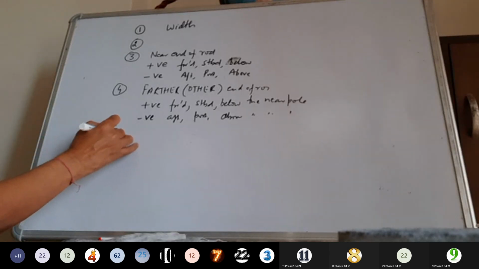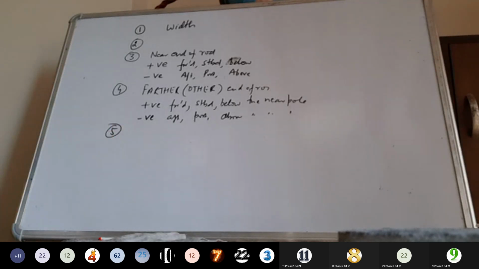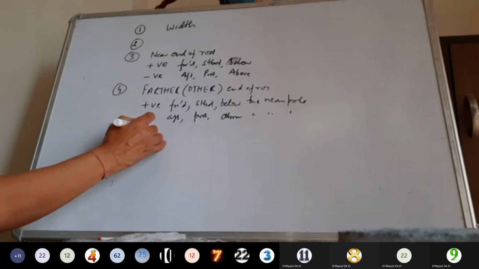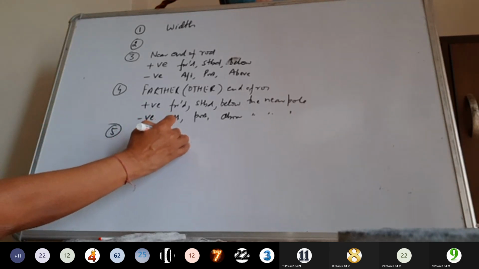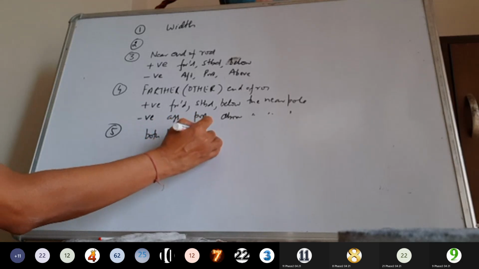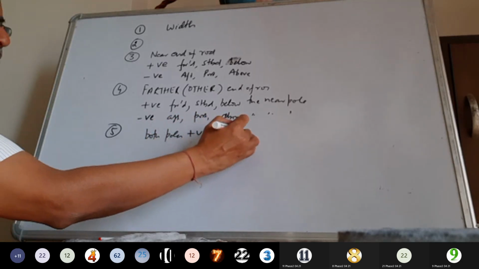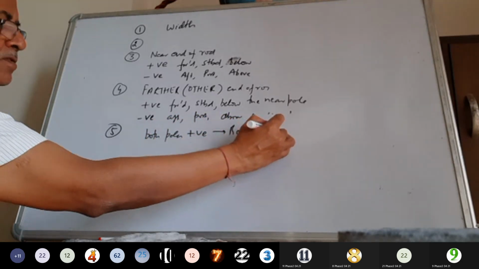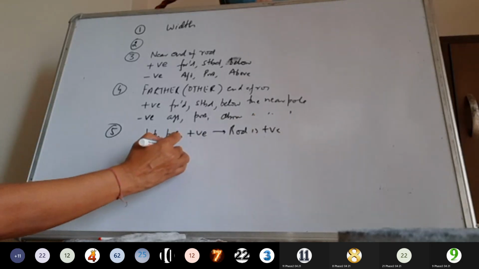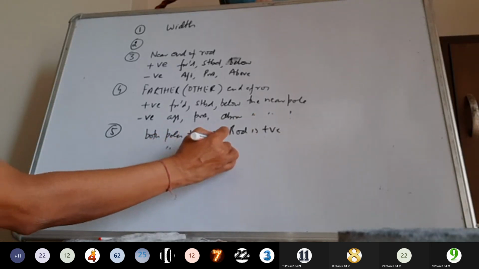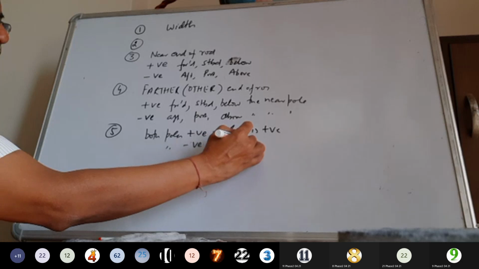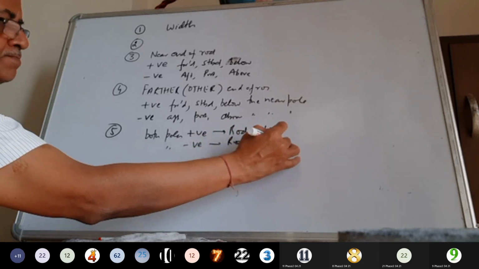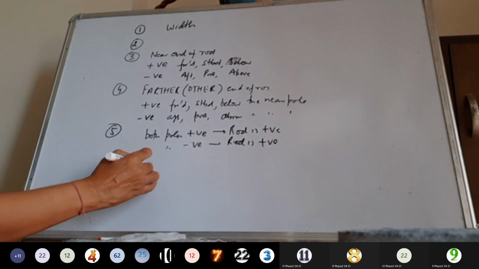Then the fifth point is, if both the poles of a rod are positive, then the rod is positive. If both poles are negative, the rod is positive.